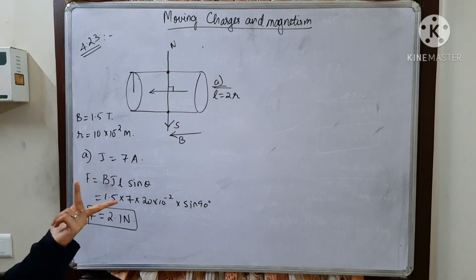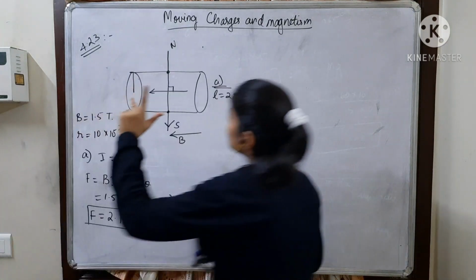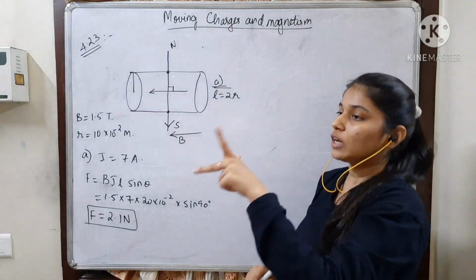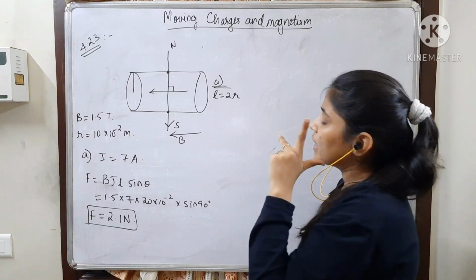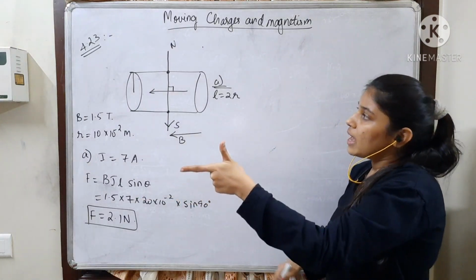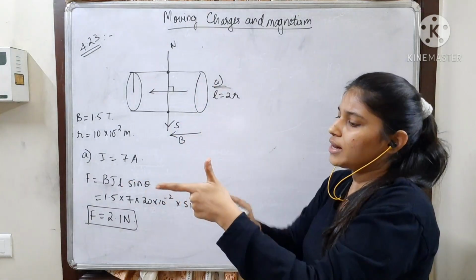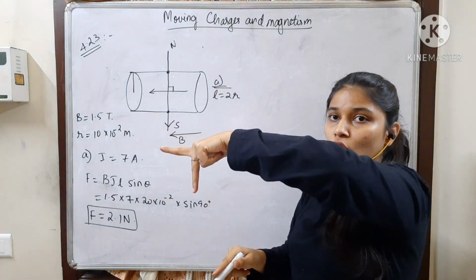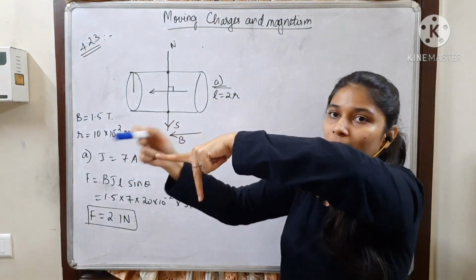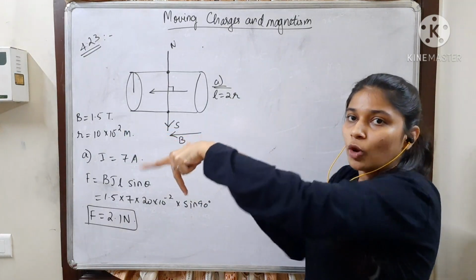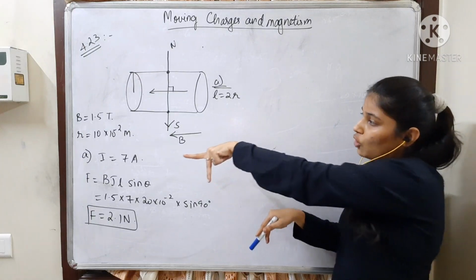Which direction will the force be? So we will use Fleming's left hand rule. The magnetic field is given by the index finger. Magnetic field is acting from east to west, and the current is north to south, so current is given by the middle finger. You can see my thumb is pointing into the plane of paper.